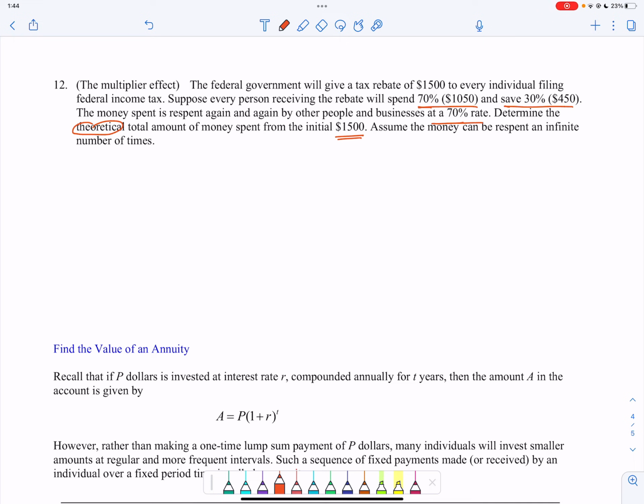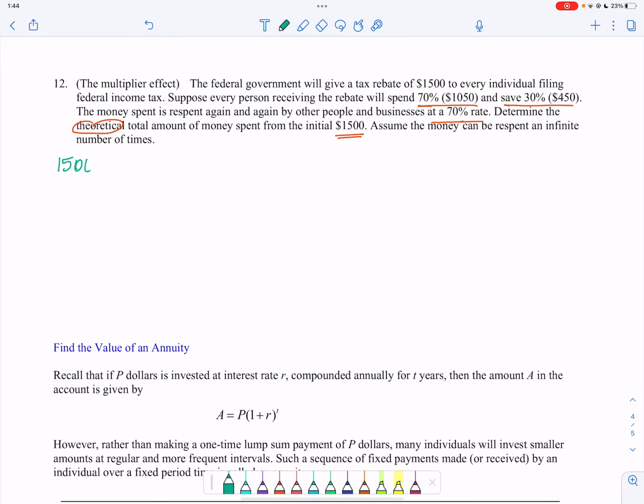So let's take a look at this. We'll start with $1,500, and then we have 0.7 times $1,500. And then we have 0.7 times 1050, plus dot, dot, dot.